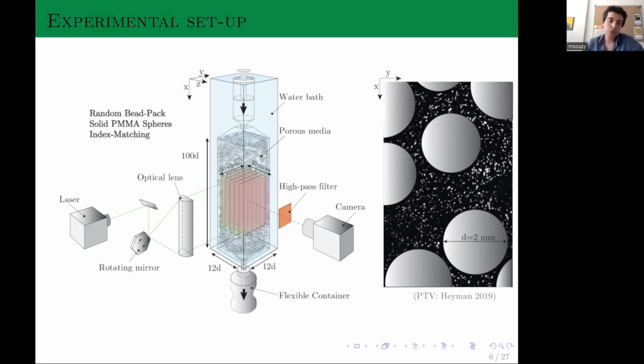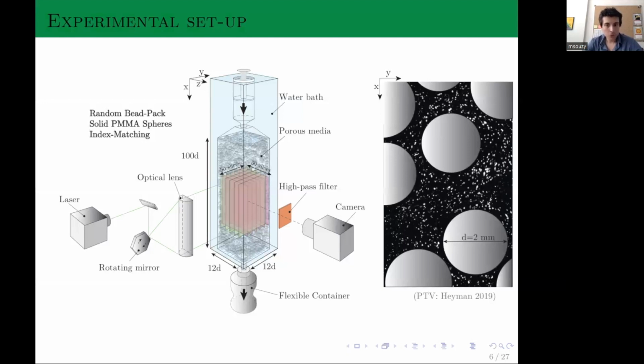And to finely tune the index matching, the whole thing is surrounded by a water jacket, a water bath, and by controlling the temperature of the water bath, we're able to adjust the optical refractive index down to the 4th digit to get images with the best contrast and sharp edges of the particles.